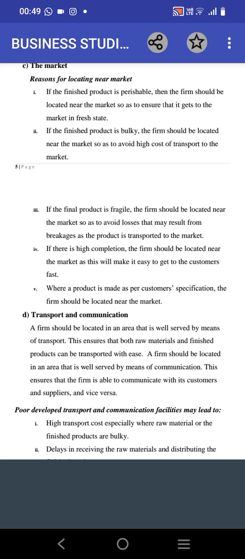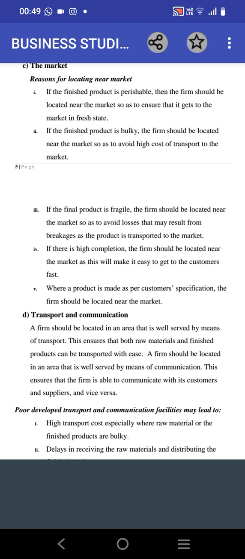You'll be incurring losses. So you should think wisely and locate the farm near the market so these fragile goods cannot be broken. I hope you understand me.